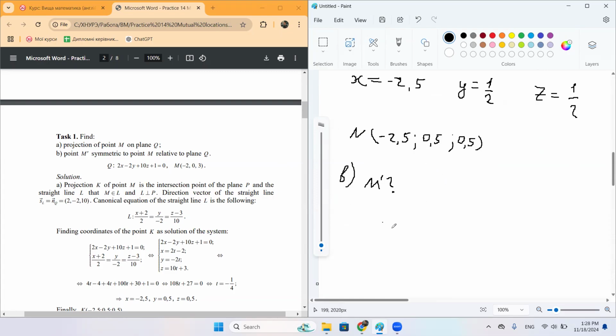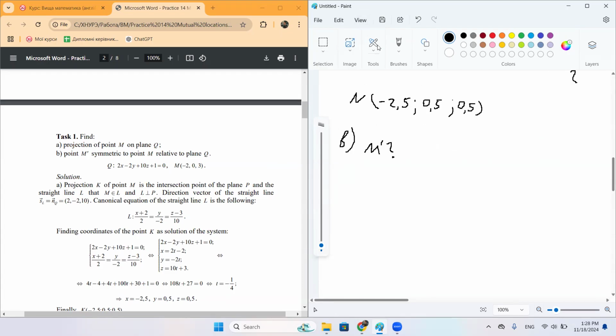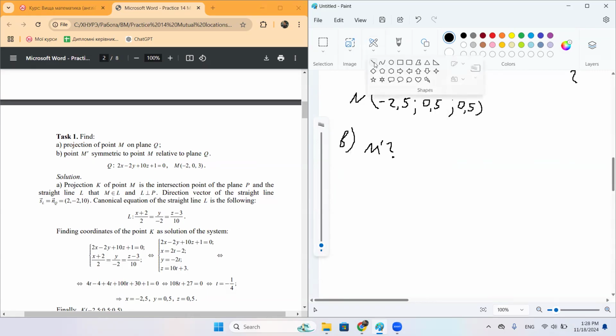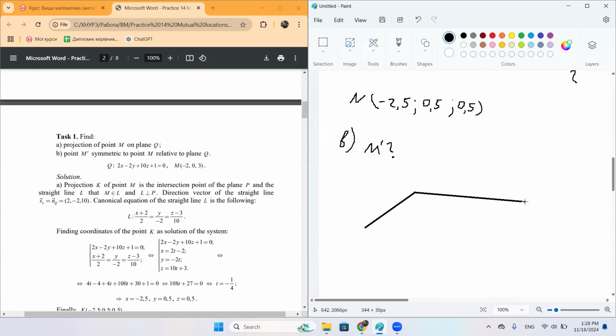So which formulas do we have to use? Okay, maybe for better understanding, to make it simpler, I will draw the plane.